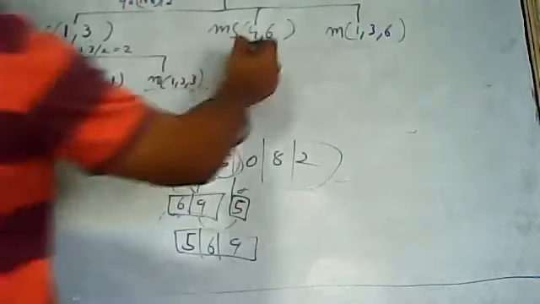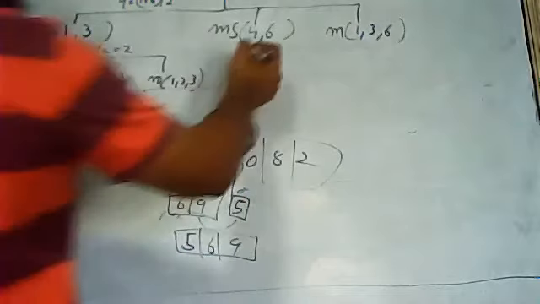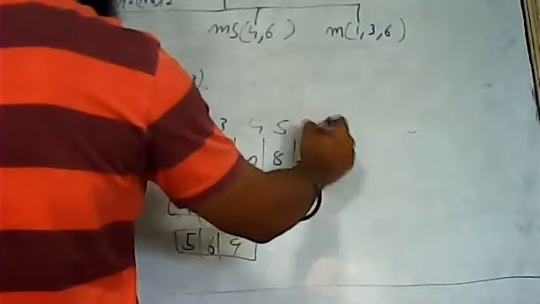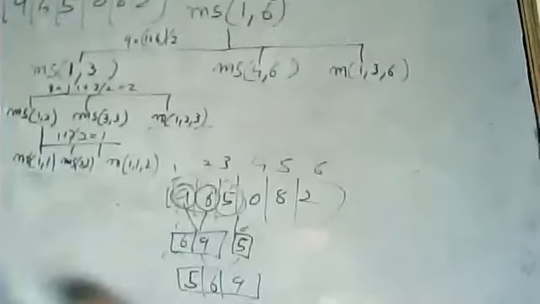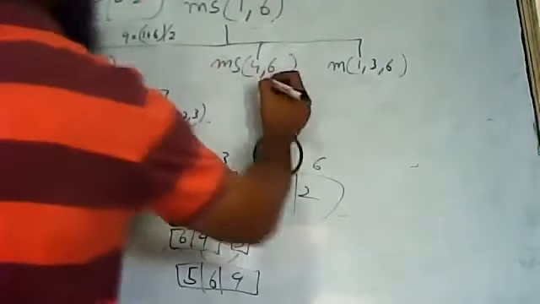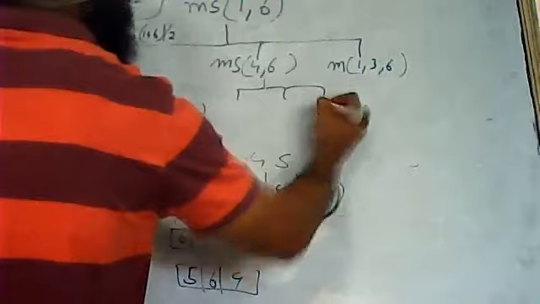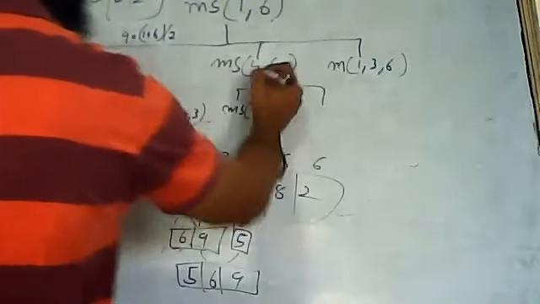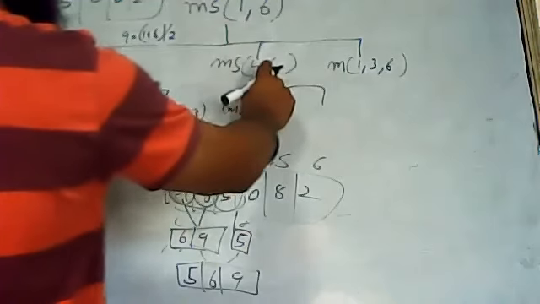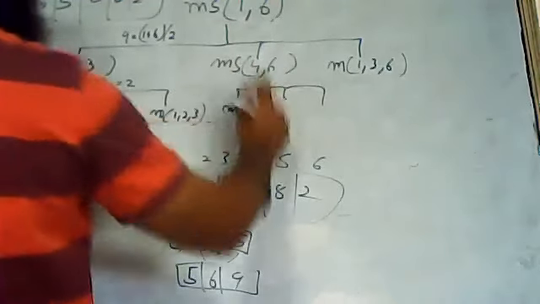Now we will deal with the other half, that is from 4 to 6, these elements 4, 5, 6, because this is the divide and conquer strategy. What will happen here? We will apply all three function calls here. What are those three function calls? We will calculate Q here: 4 plus 6 is 10, 10 divided by 2 is 5.